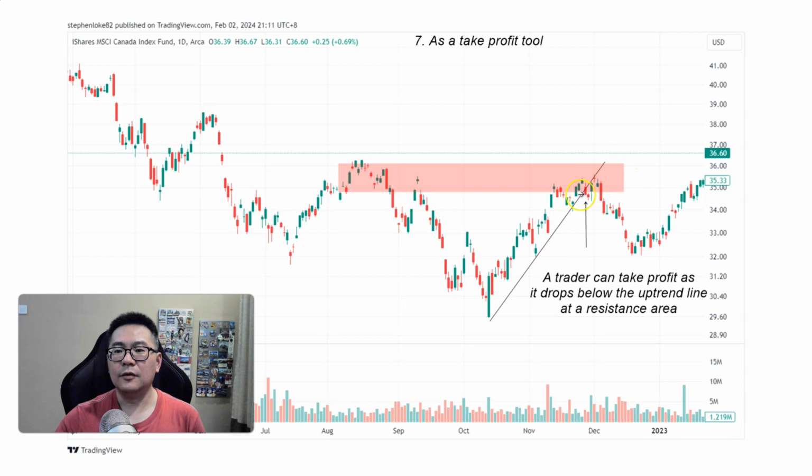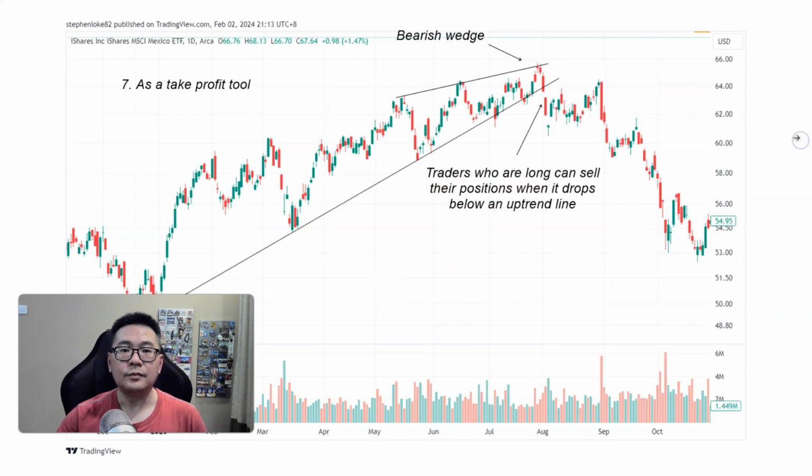You can actually take your profits here as it drops below the uptrend line at the resistance area, right? So this can be a good trade. Okay, so you can take profit when the stock or index drops below an uptrend line. Okay, this is for short-term trades, and it's a very, very useful tool.